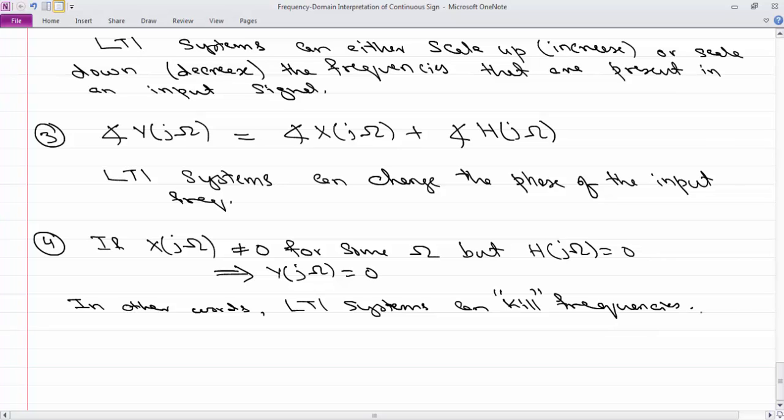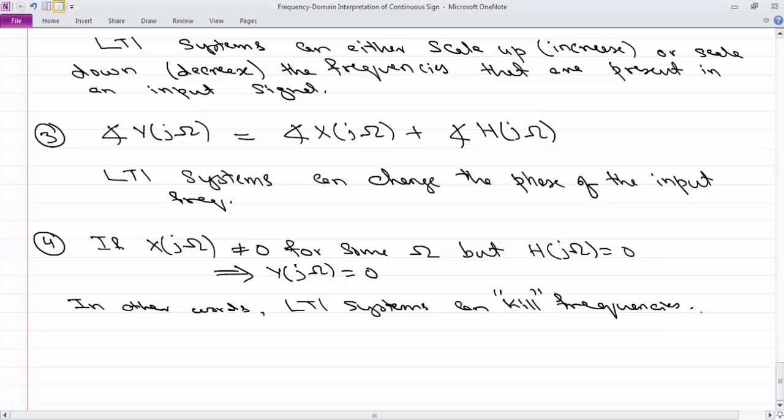So the frequency domain interpretation, the continuous time Fourier transform, when we apply it to the LTI system, tells us 3 or 4 major things about LTI systems. Number one, LTI systems cannot add any new frequencies to the input signal.